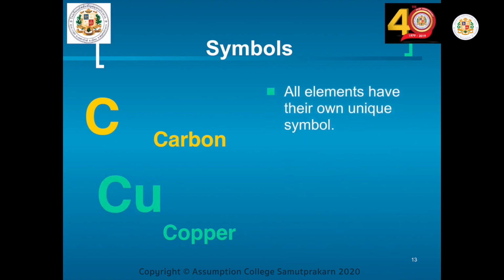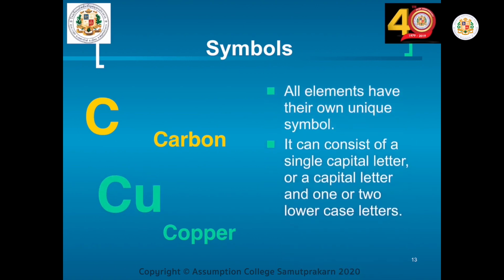Now, remember, all the elements have their unique symbol, and they consist either of a single capital letter, for example, carbon, only one letter in a big letter, or it could be 2 letters or 3 letters, for example, copper, starting with a big letter C. Next is a smaller letter, which is, for example, u.